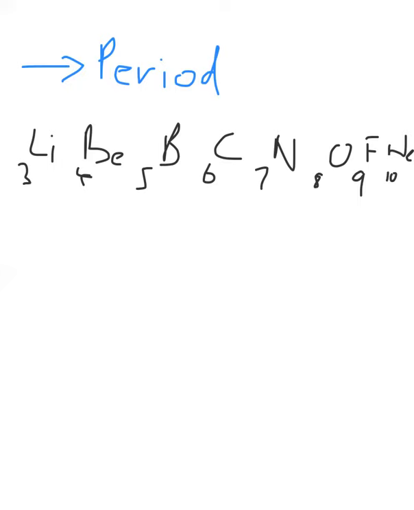What is nuclear charge? Nuclear charge is the attraction of the nucleus to the outer electrons. And again, over here, screening electrons decrease the nuclear charge.